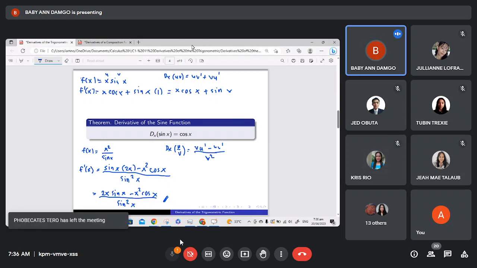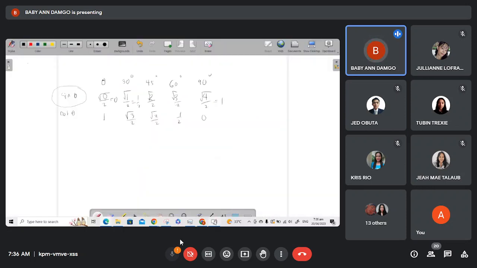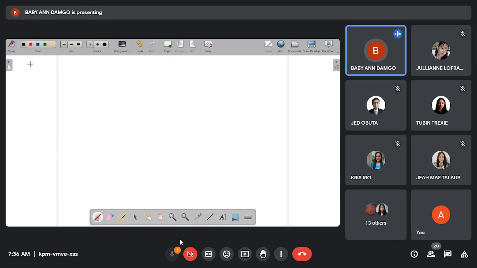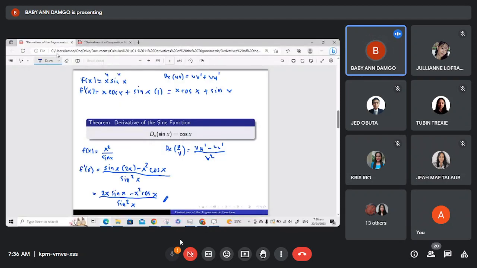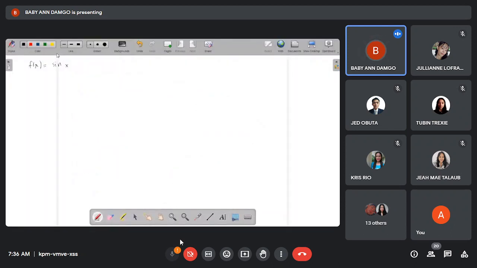Okay. Sige, so ato ni siyang i-prove. So, if you have f of x, which is equal to sine x, okay? So, i-prove na to na ang derivative sa sine x, so f prime of x is equal to cosine x. Okay?